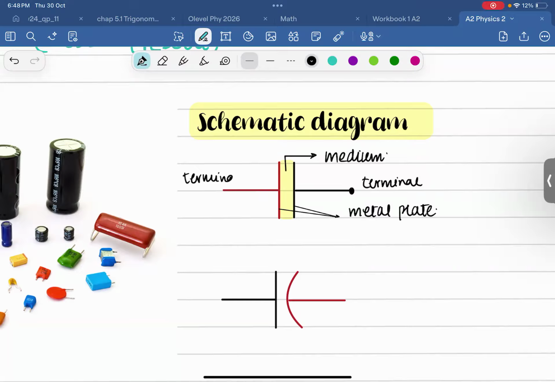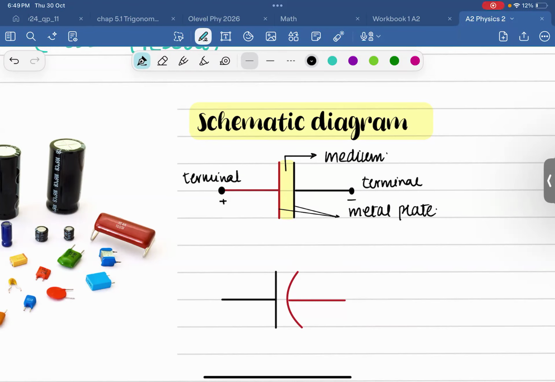By the way, unlike the resistor, the capacitor has a positive and negative terminal. Since it is an energy storing component, it should have a positive and a negative terminal. Again, it is not required in our syllabus to remember which is the positive or negative terminal.